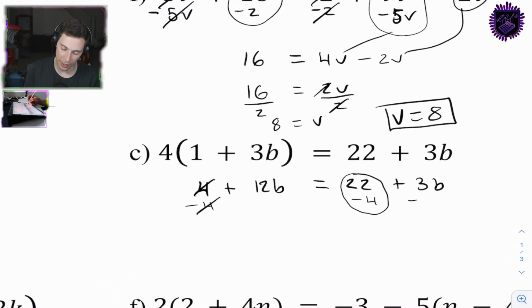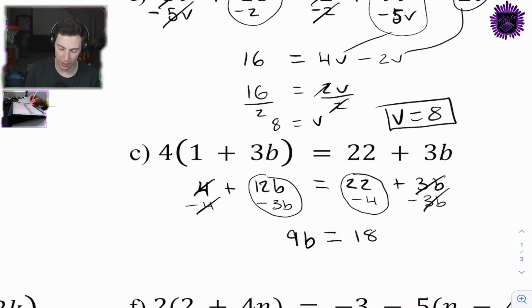Then we're going to subtract 3b from both sides, leaving us with 9b is equal to 18, which we can divide both sides by 9, and b will be equal to 2.